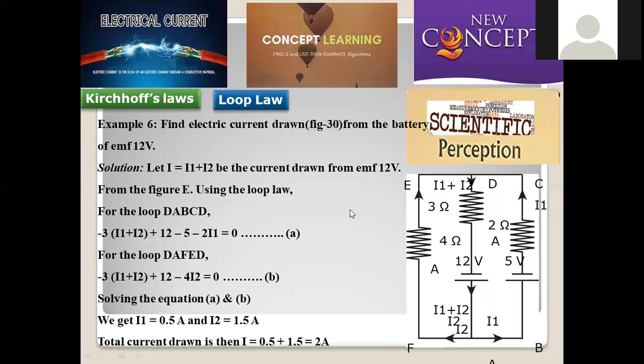Now, going with example number 6, another circuit was provided to you. Before solving the entire problem, note that instead of V1 and V2, direct voltage and resistance values are given to us. So numerical values are provided.